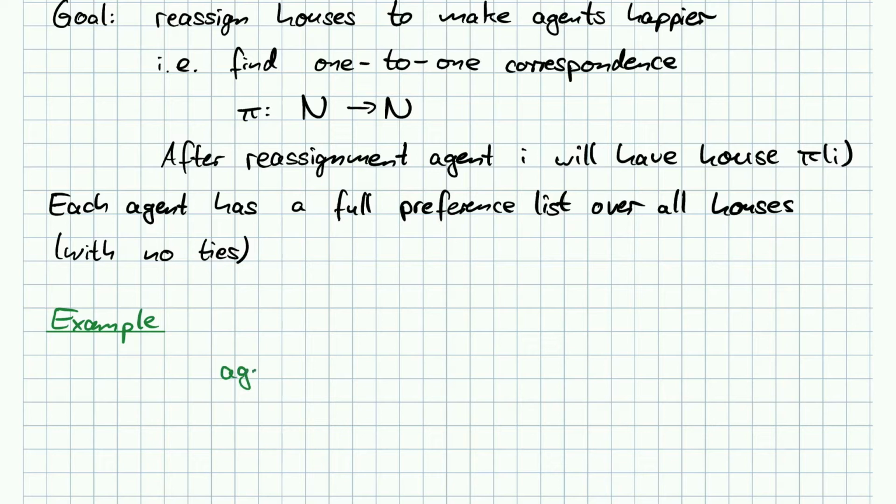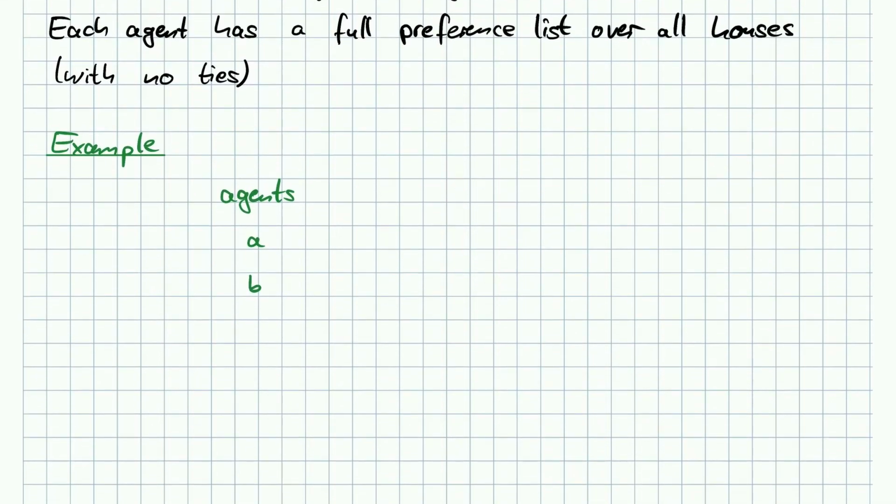We have agents A, B, and C, and they also bring a house, A, B, and C. And for example, the first agent might prefer house B over house C over house A. The second agent might prefer house C over house A over house B. And the third agent might prefer house A over house C over house B.